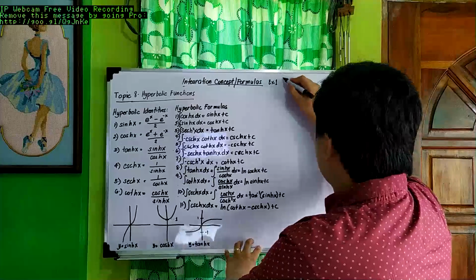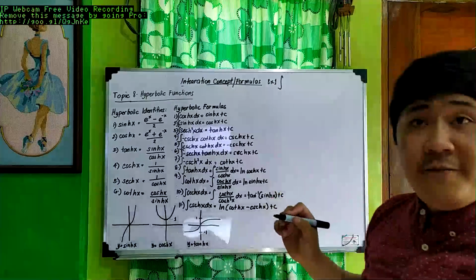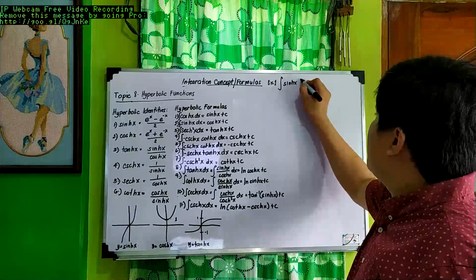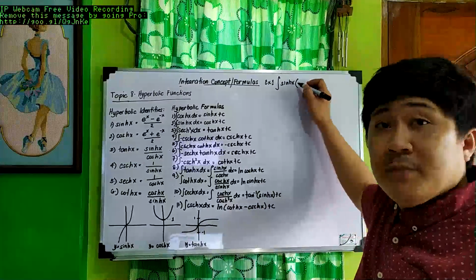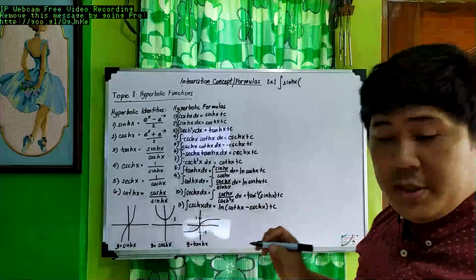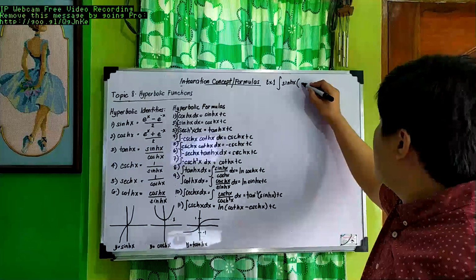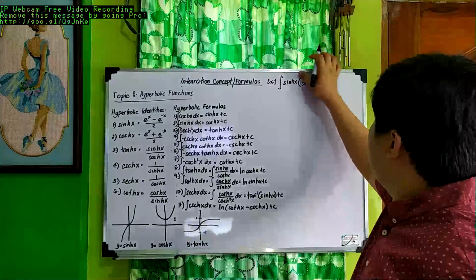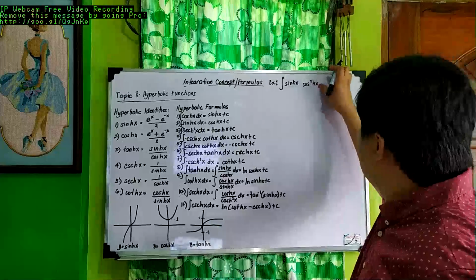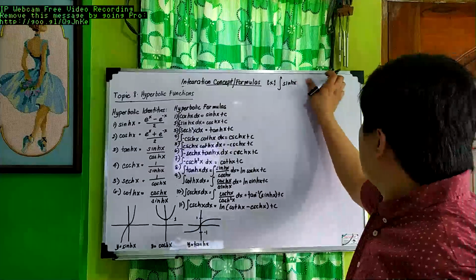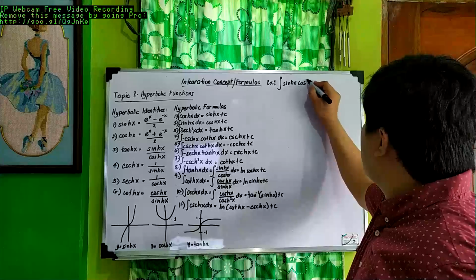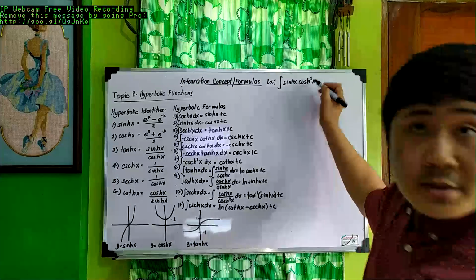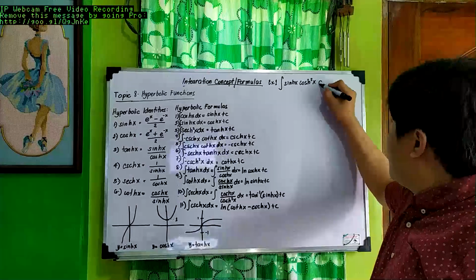Let's say example number 1, the integral of sine hyperbolic x multiplied by, let's say, cosine squared hyperbolic x dx.